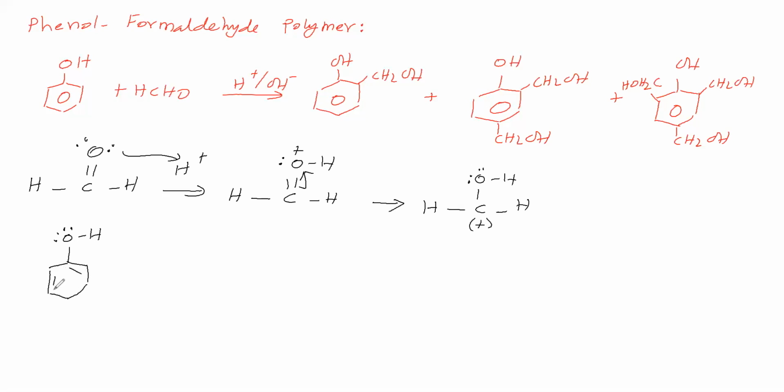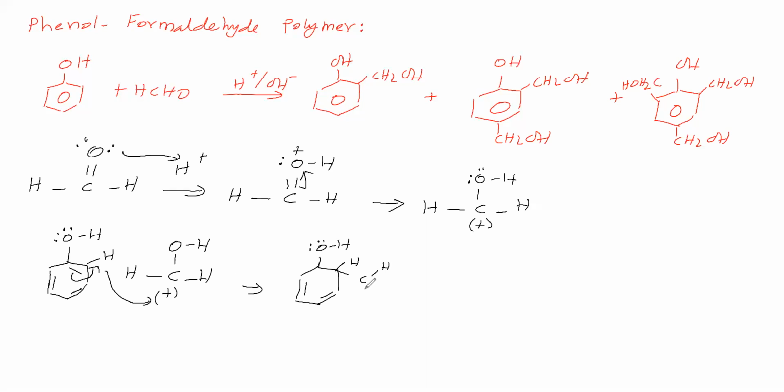Okay, here 5 bonds we will write. This we will write: this HCOH with positive charge, here hydrogen. This pi bond is coming like this and attacking here. So we will get OH here, then hydrogen, CH2OH, and here a positive charge.